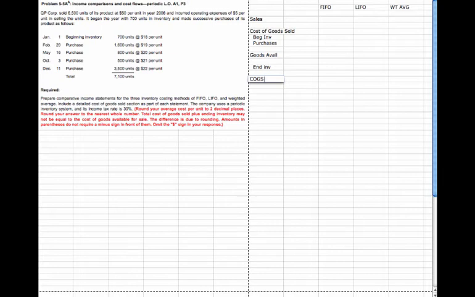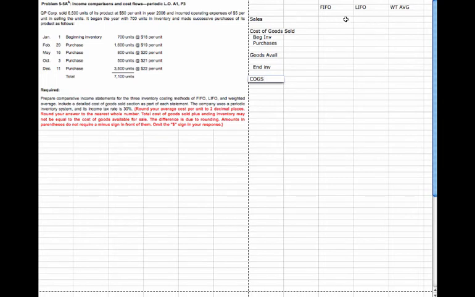It began the year with 700 units in inventory, these items right here, and made successive purchases through the year at these prices. So altogether we have 7,100 units. What they want us to do is calculate the differences in net income between FIFO, LIFO, and weighted average.